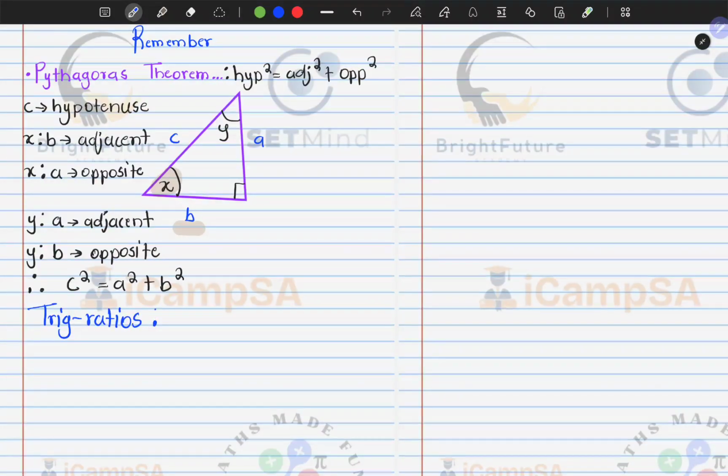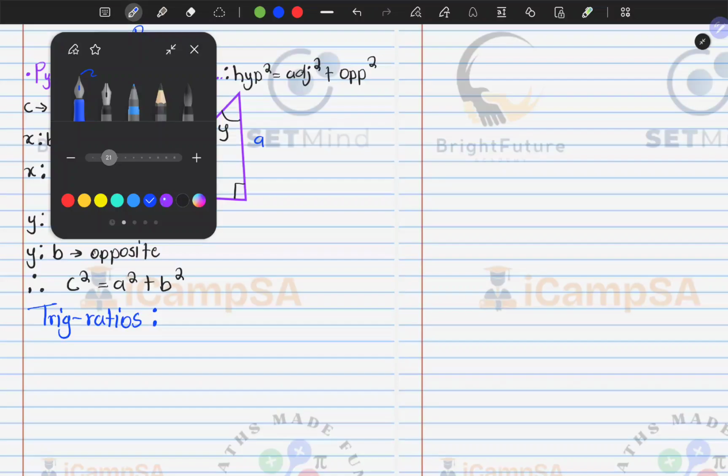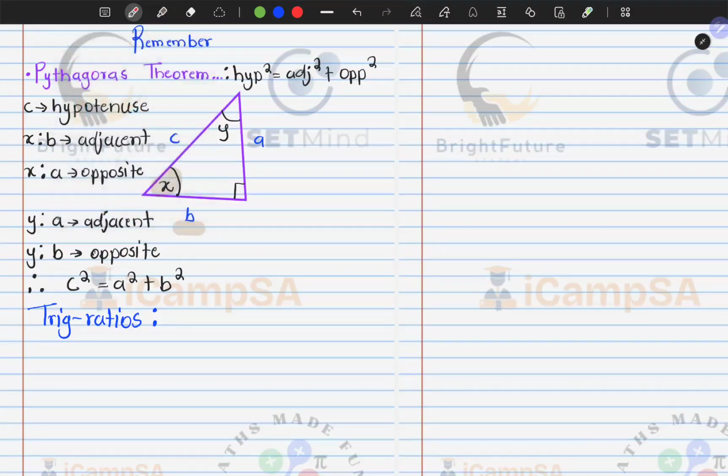For the most part, the trig ratios that you need to know fundamentally, there are 3. And then others, we will make a combination of the 3. You need to know sine, which is referred to as sin. Then cosine, which is called cos. Then tangent, which is shortened to tan.